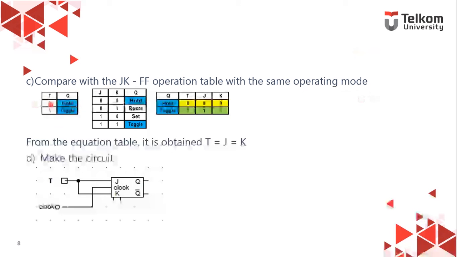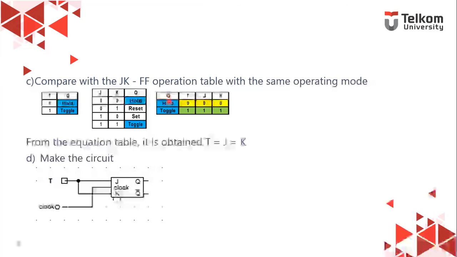As you can see, the T flip-flop has hold and toggle, the same as the JK flip-flop. After we see hold and toggle in each of the two tables, we look at the output and the input. After that we compare those two flip-flops and make a table like this.